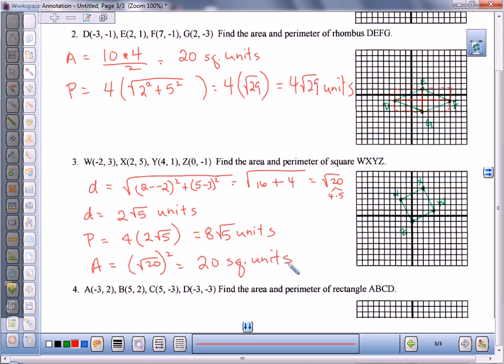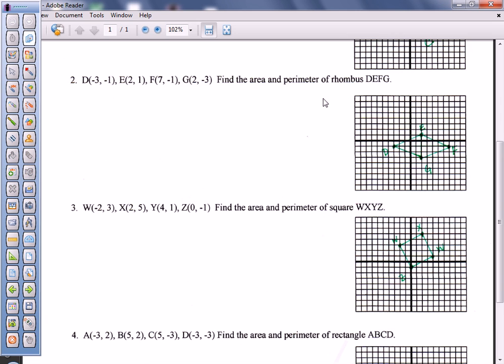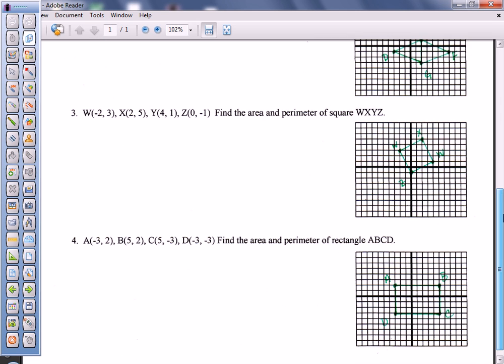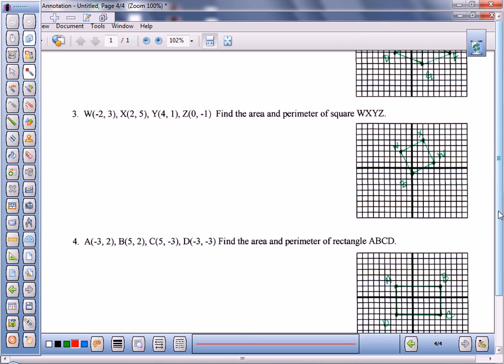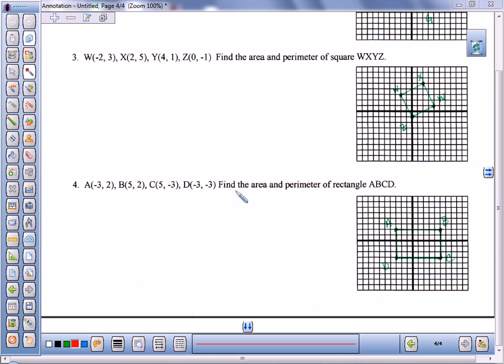Now let's take a look at the last one. Okay, the last one is a rectangle. And we're supposed to find the perimeter and the area of this rectangle. Well, this one is the easiest of all, because the way this rectangle is graphed, we don't even have to use distance.